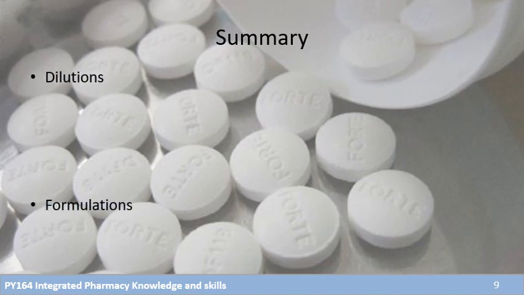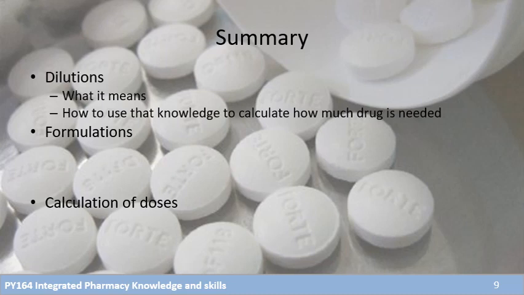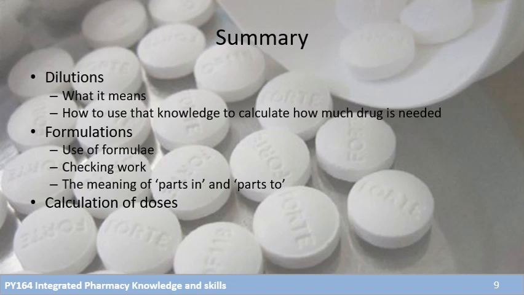So that's been a brief run through, and what we covered in the last few brief presentations, we've talked about dilutions, what they mean, and how to use that knowledge to calculate the amount of drug needed. We've talked about what formulae are, how it's important to check what you do, and particularly the idea of the meaning of parts in and parts two.